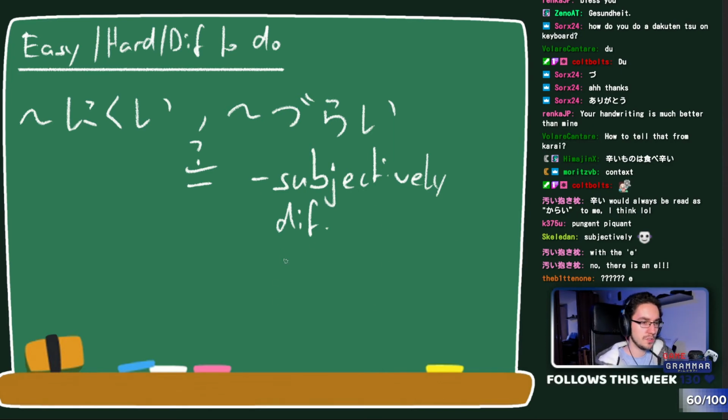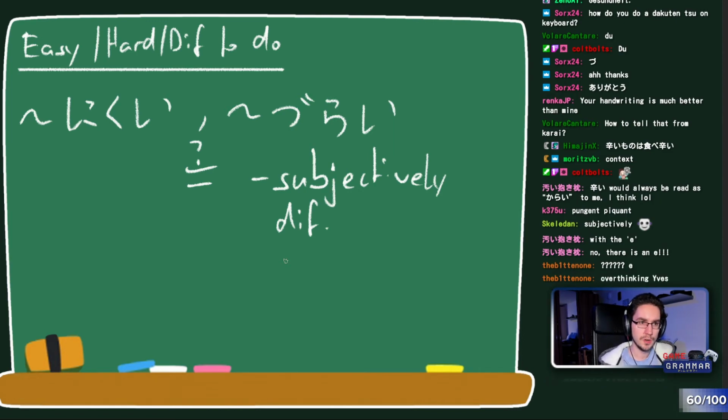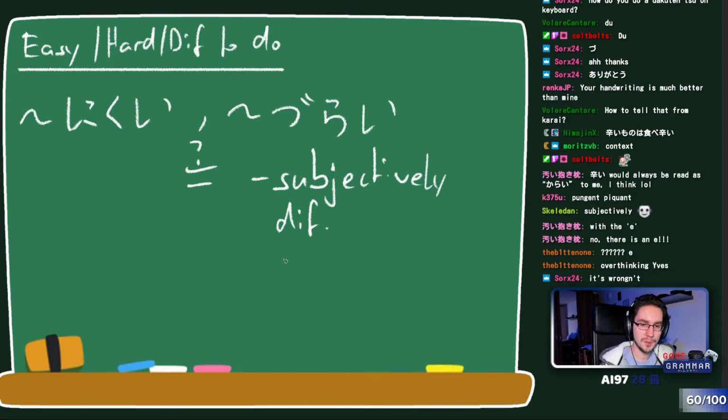Subjectively difficult, which means that for you specifically, there is an emotional or specific reason why it is difficult for you. So maybe it makes you uncomfortable, or maybe it's something you really don't like doing. Let's make an example with tabezurai, for example. Oh, and also nikoi is more neutral.